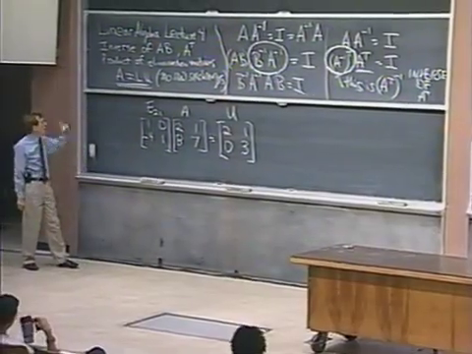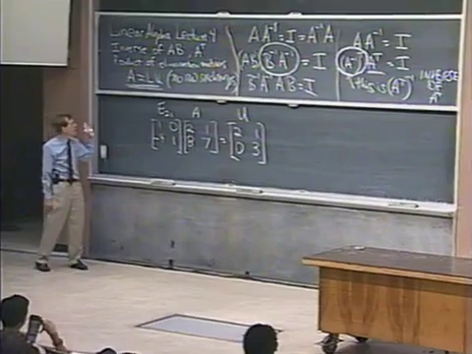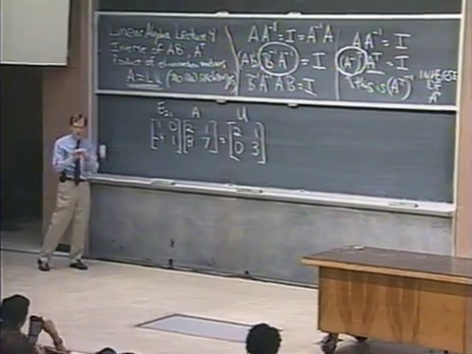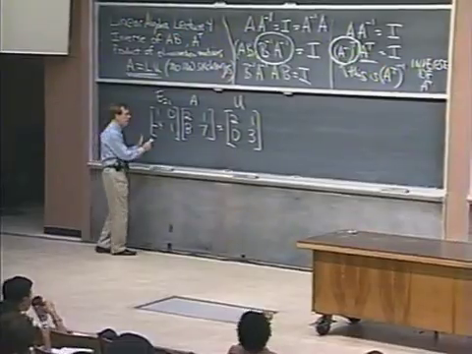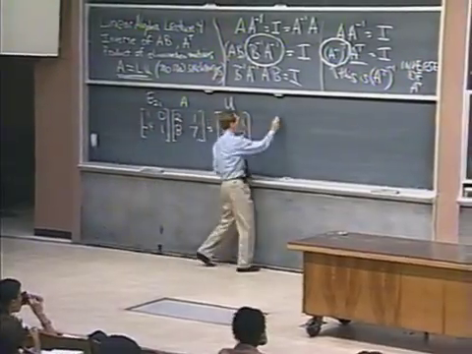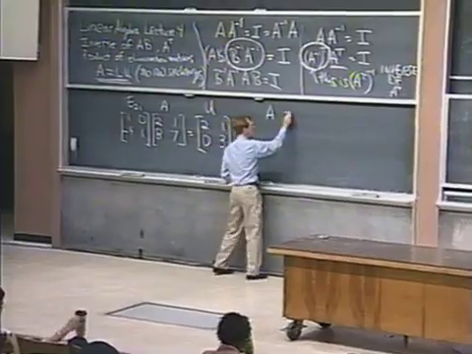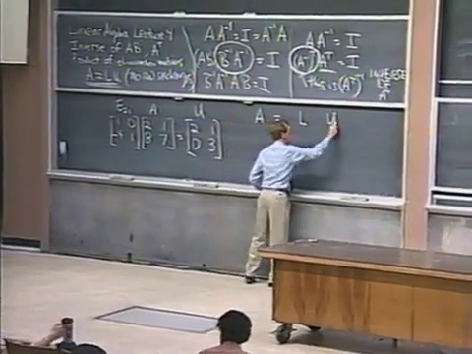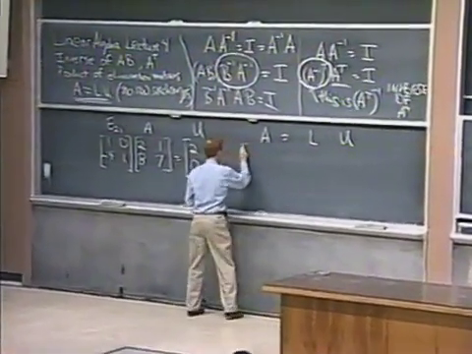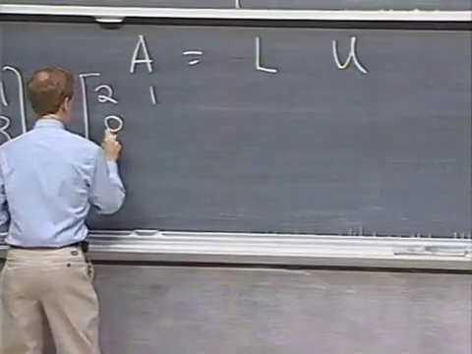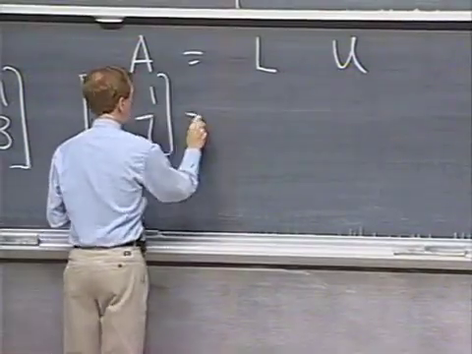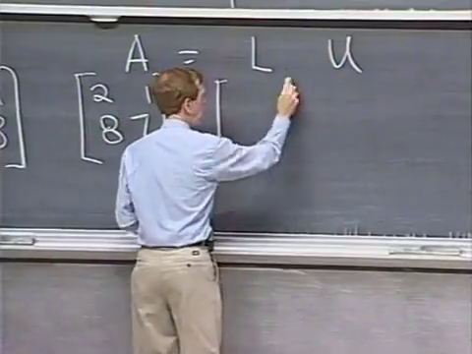So you see the difference between this and what I'm shooting for. I'm shooting for A on one side and the other matrices on the other side of the equation. Okay, so I can do that right away. Now here's going to be my A equal LU, and you won't have any trouble telling me what. So A is still 2, 1, 8, 7. L is what you're going to tell me.